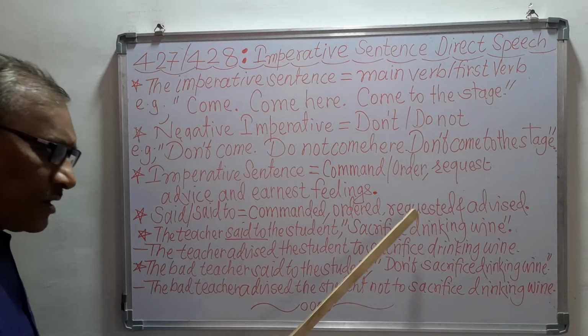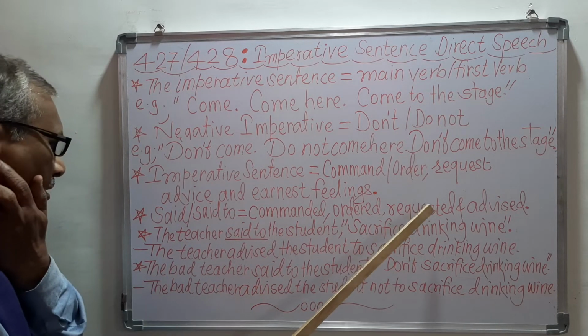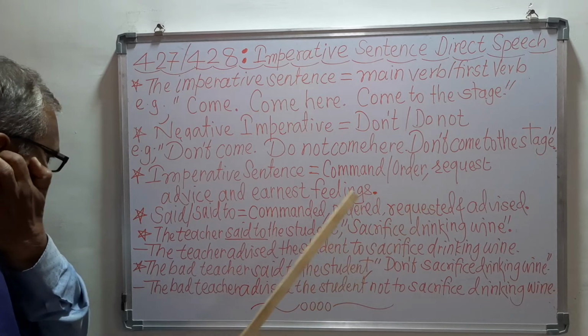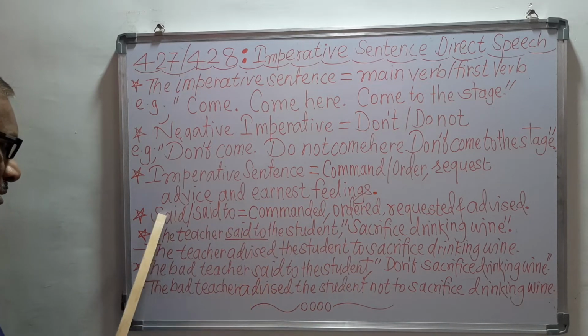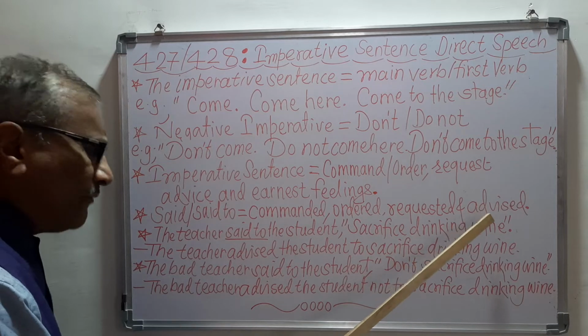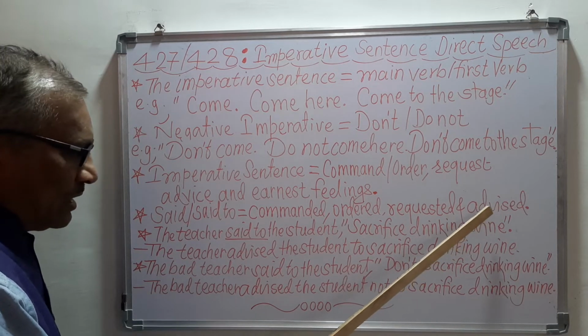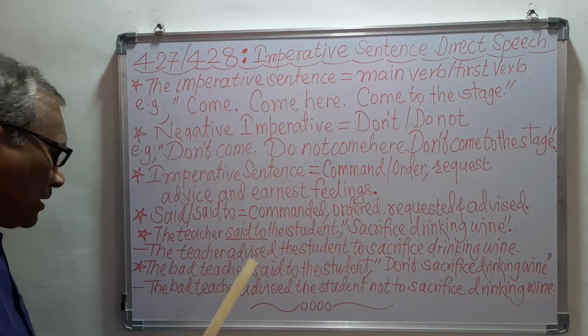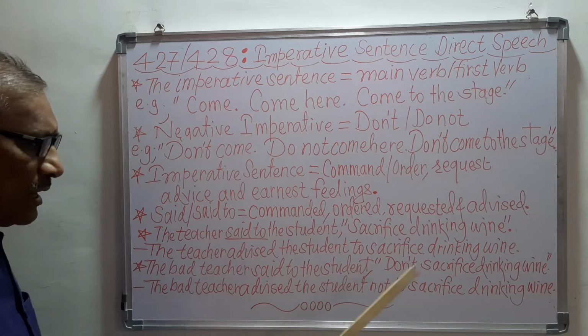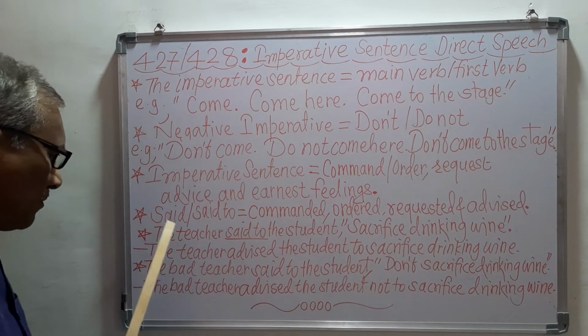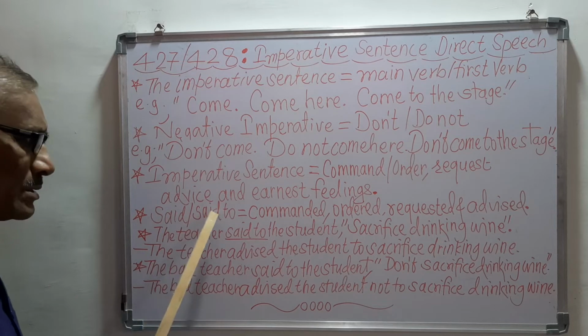If there is a request, then we can take the word requested as the verb instead of said or said to. And if there is advice, then we can take advised in place of said or said to.